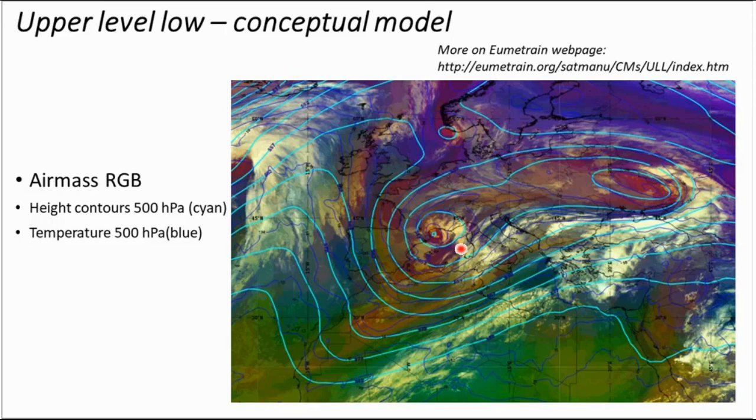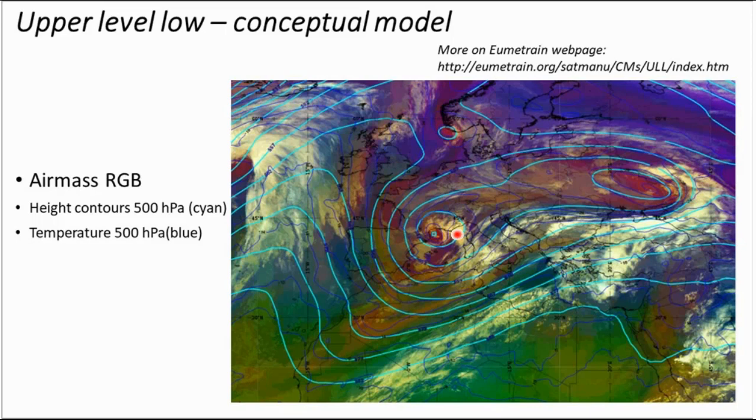Here you can very nicely see that it is represented in a brownish color on air mass RGB, with this minimum in temperature and also this closed geopotential at 500 hectopascals.